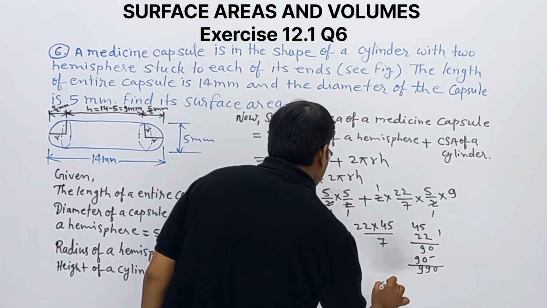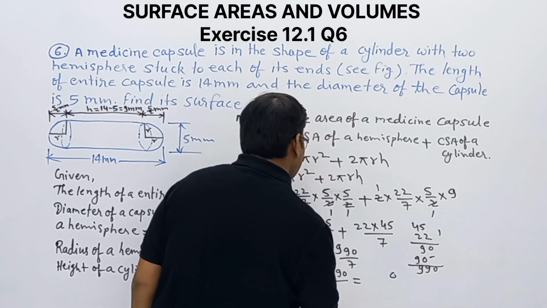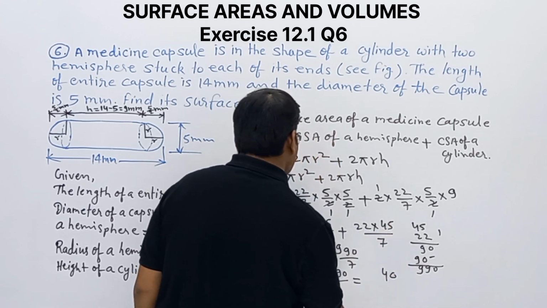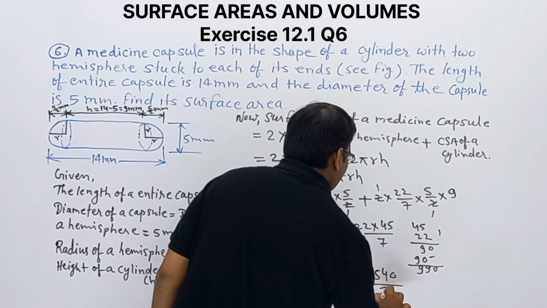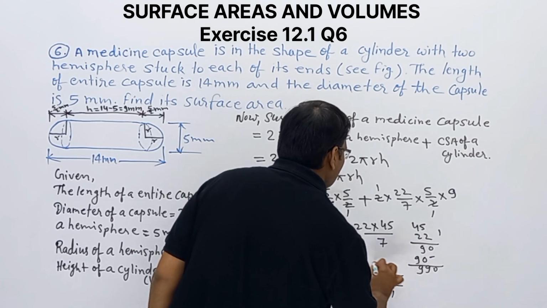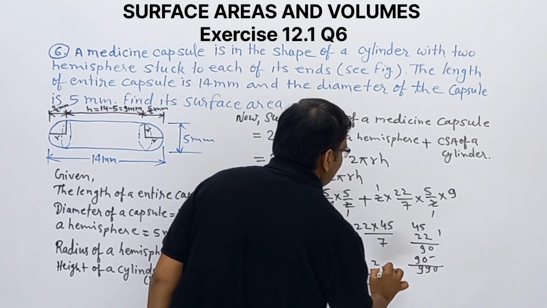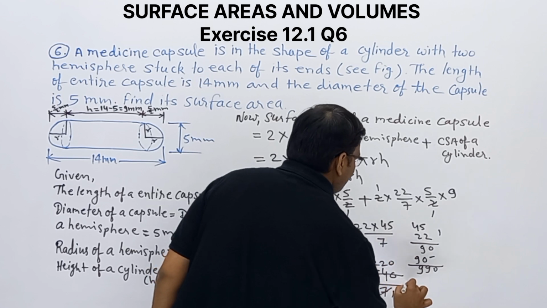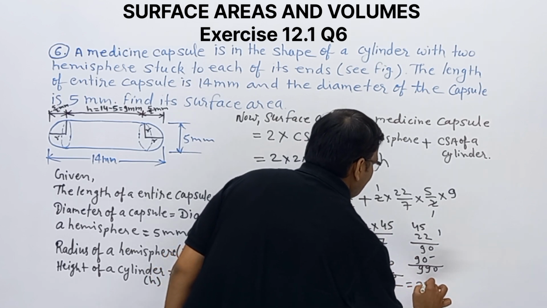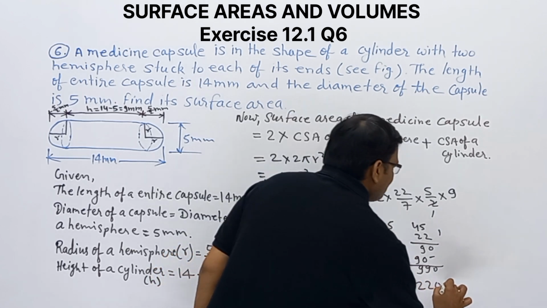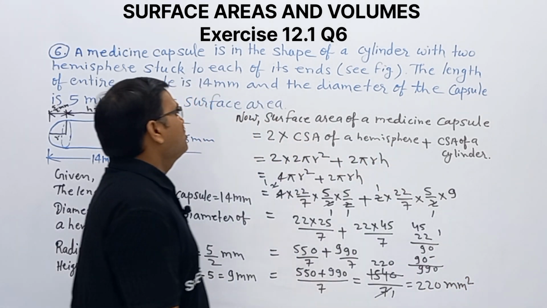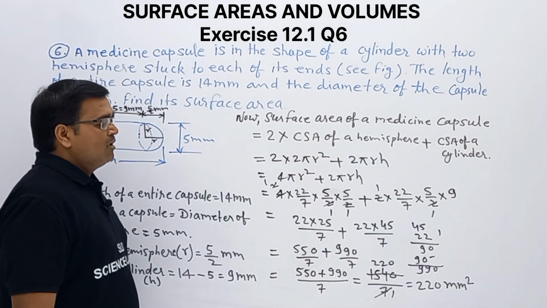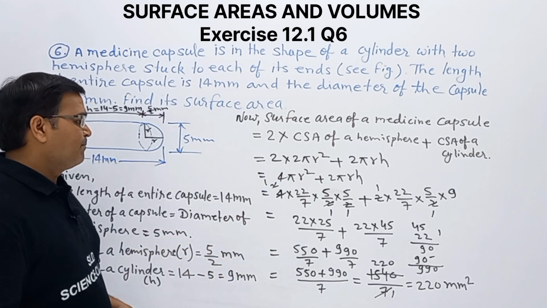So this will be equal to what? 0, 9 plus 5 14, 1 is remaining, 14 plus 1 15 divided of 7, two time it is going, 1 is remaining. So what we are getting? 220 mm square. 220 mm square will be the surface area of a medicine capsule. This is the required answer. Clear?